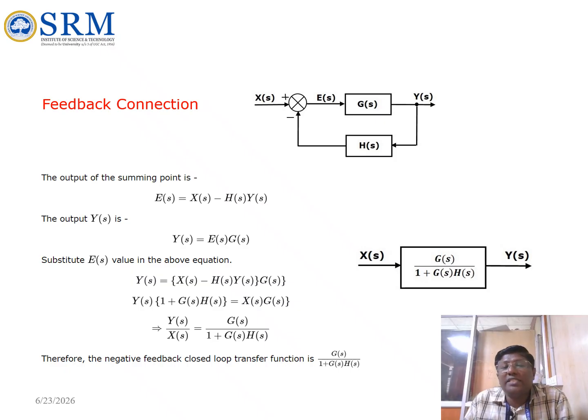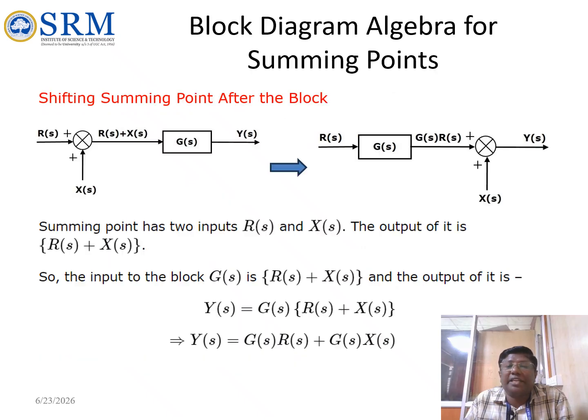So this equation is rearranged into this block diagram, X of s into G of s divided by 1 plus G of s into H of s, that is equal to Y of s. So this is a negative loop, closed loop is given here.